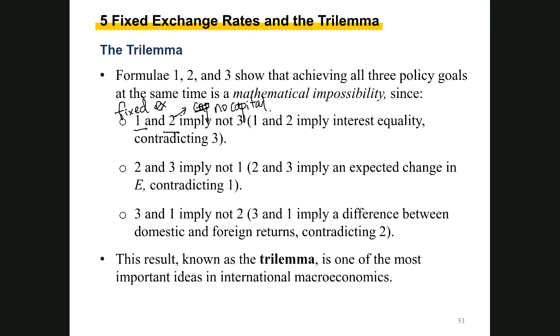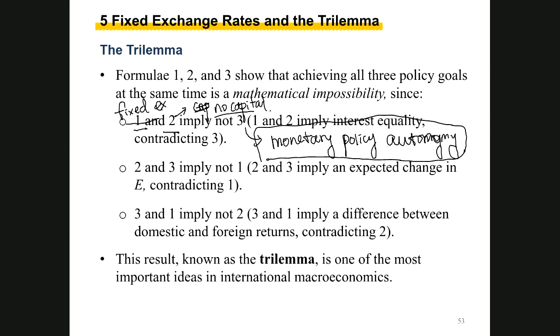If you want to hold these, you will have to give up your monetary policy autonomy. It means you cannot control your interest rate anymore if you try to peg the exchange rate.